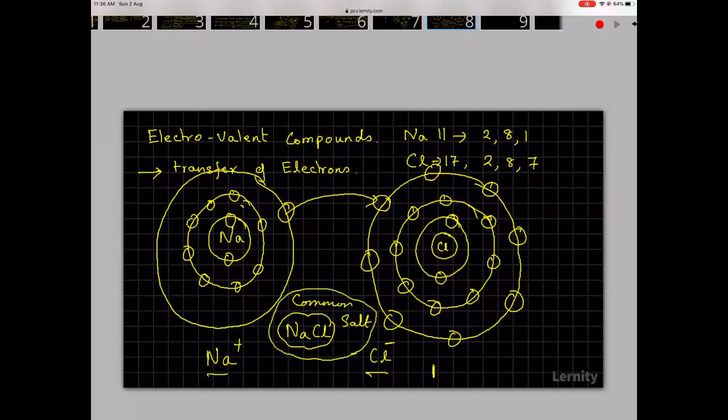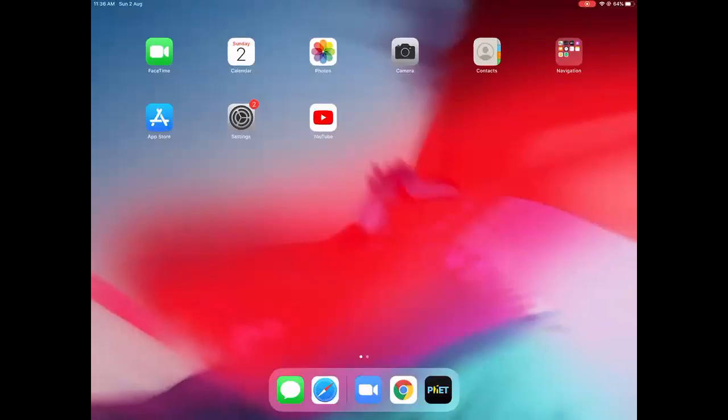Such compounds are called electrovalent compounds. You have covalent compounds and you have electrovalent compounds. This is also a combination reaction.